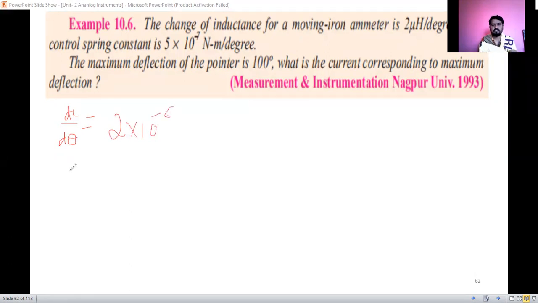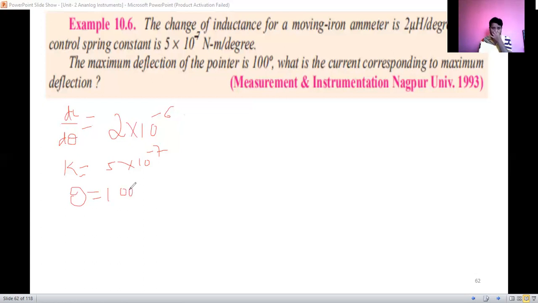Next, K is given. You write K equal to 5 into 10 to the power of minus 7, and write the unit Newton meter per degree. Next, theta equal to 100 degree.